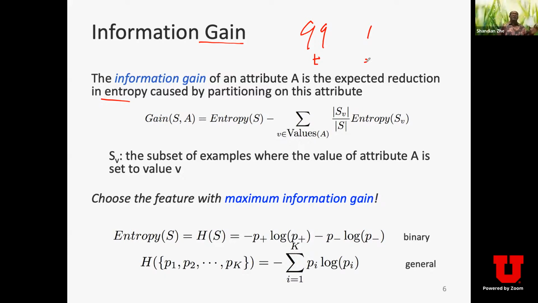So entropy reflects the purity, right? High entropy indicates a low label purity, and low entropy indicates high label purity. So we want to measure, after you use an attribute to split the data set, what is the improvement or increase of the label purity. We can calculate the decrease of the entropy. That's how information gain is defined.